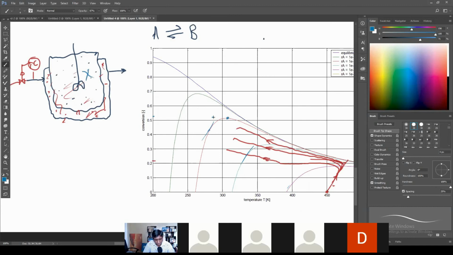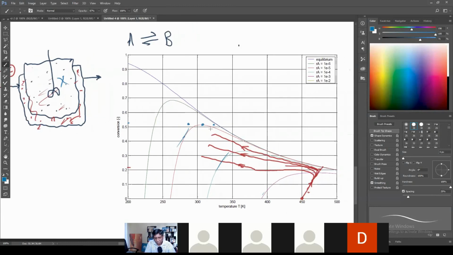And now for that same X, we could think about a lower temperature, which is here, or a higher temperature, which is here. And if we look at our numbers, on this red line, the reaction rate is 10 to the minus 5. On the green line, it's 10 to the minus 6. So 10 times slower on the green line. That means if we look at a lower temperature here, we are moving closer to the red line.